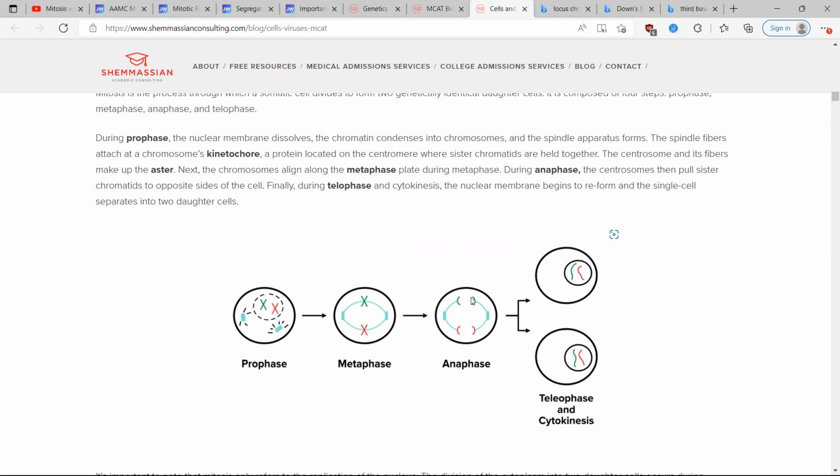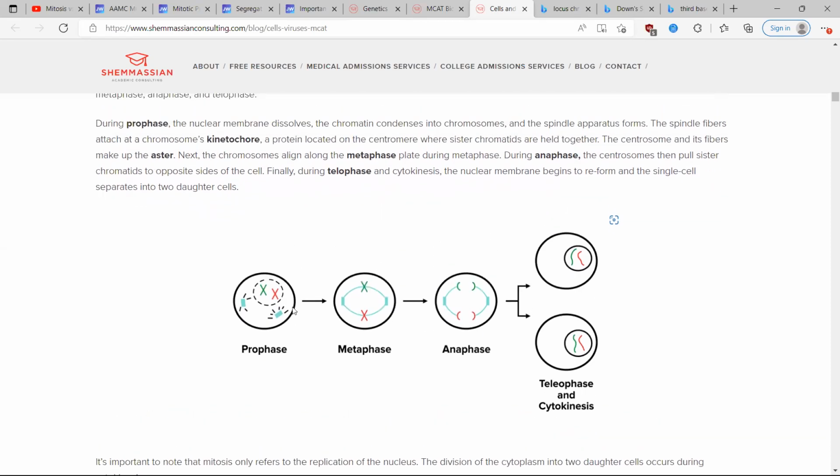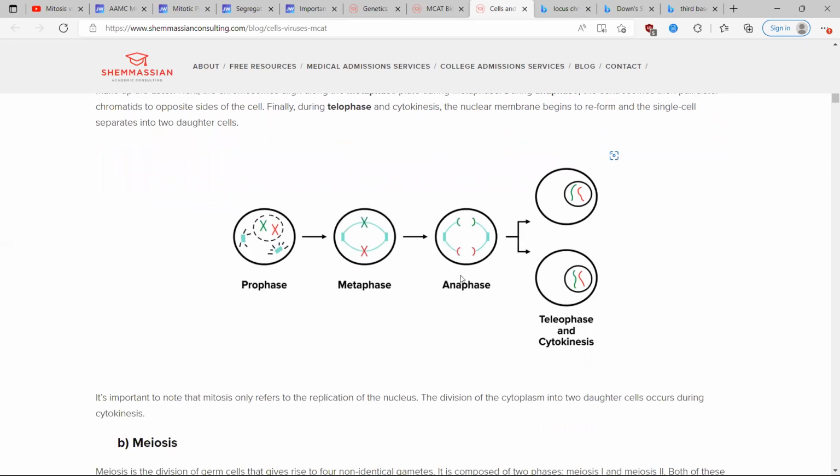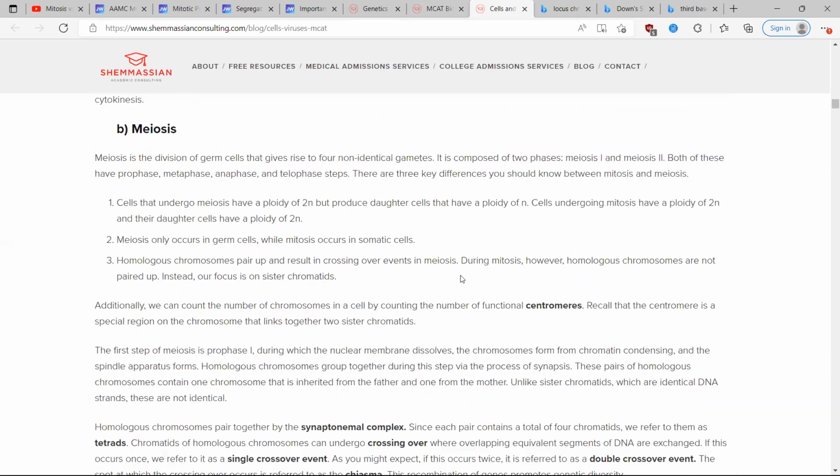And then now we see that we have 1, 2, 3, 4 chromosomes, and each cell still has 2. Notice how the first cell has 2 chromosomes, and the last 2 cells each have 2 chromosomes. So the cell always has 2 chromosomes. That's how the math works. So this is just mitosis.